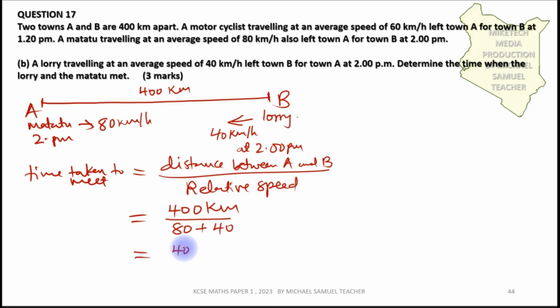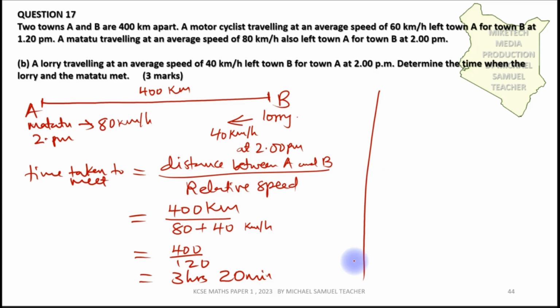Therefore we have 400 divided by 120, which is 3 hours and 20 minutes.